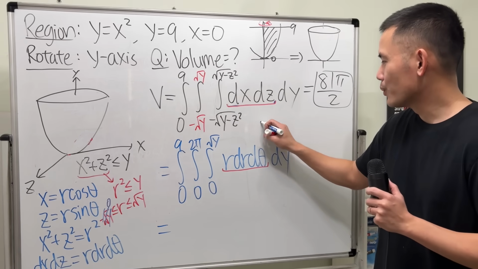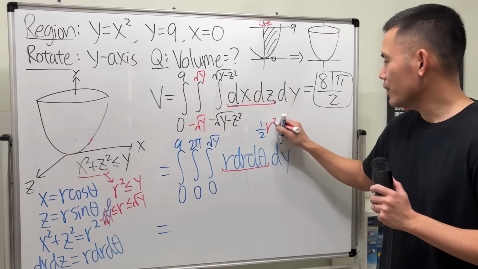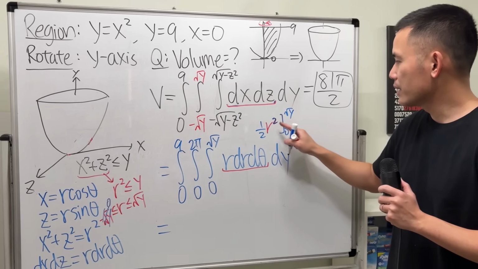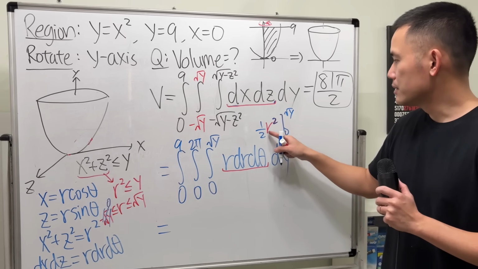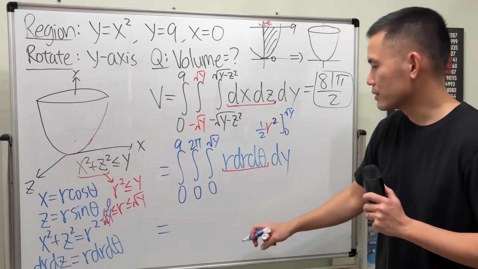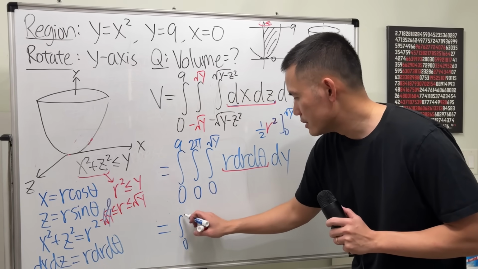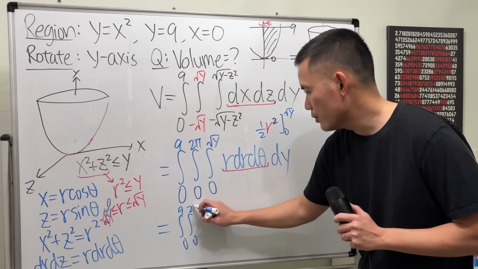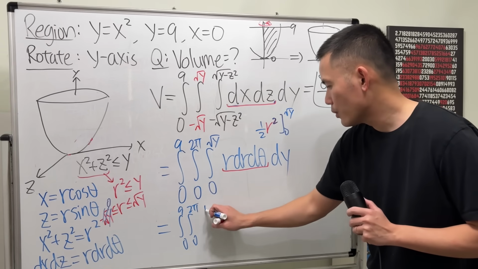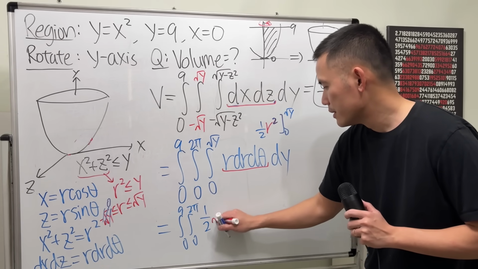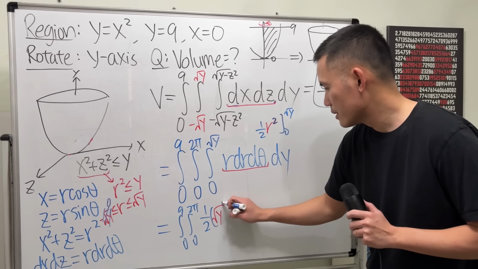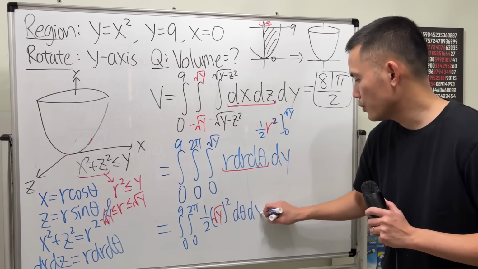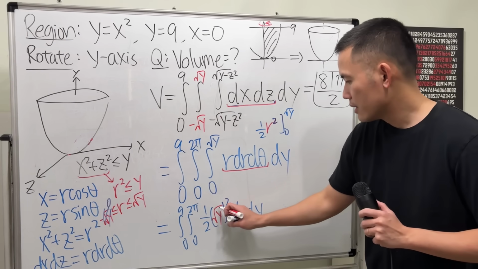Integrating this, we get 1/2 r squared, and then we go from 0 to square root of y. Put that here. It just cancels, so we just get y. So this is 0 to 9, and then 0 to 2 pi, and 1/2. Let me still write it down. And then d theta dy. Okay.